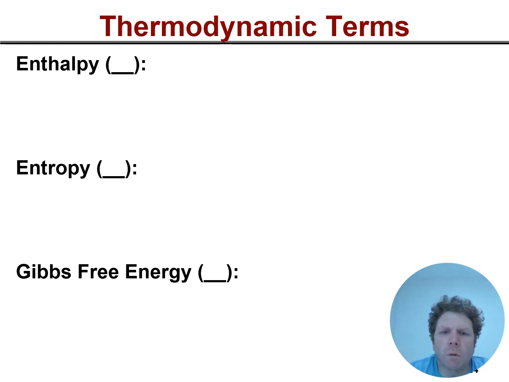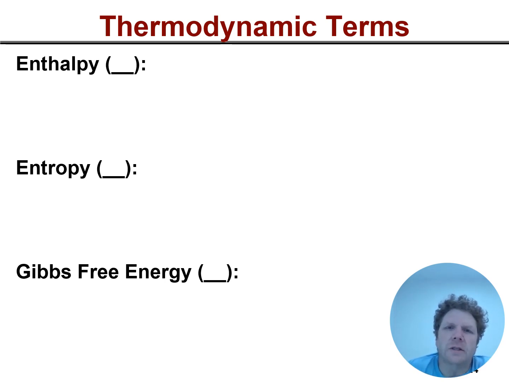So we want to bring back and revisit thermodynamic terms that you learned as far back as Gen Chem 1. So, enthalpy. Enthalpy is denoted as delta H. It is the sum of the internal energy and the product of pressure and volume, given by the equation H equals U plus PV.